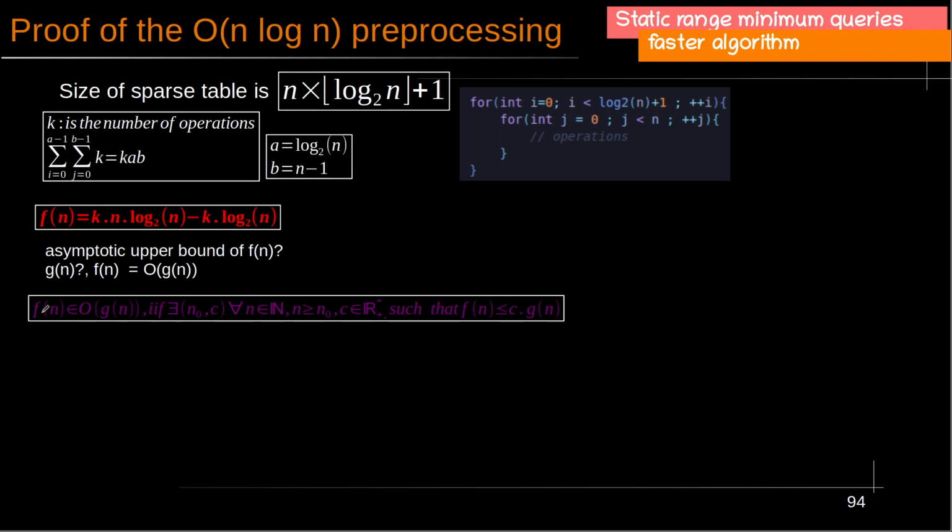We can say that fn is big O of gn if and only if there exists a natural number n0 and a real number c, this couple of numbers, such that for all natural numbers n greater or equal to n0, fn is less or equal than c times gn.